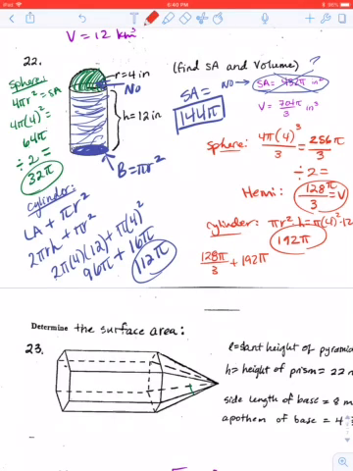Since this one does not have the same denominator, I can't combine them, but I can create the same denominator by multiplying the top by 3. 192 times 3 is 576 over 3, and now I can add those together. So 576 plus 128 is 704 pi over 3. That is the volume.